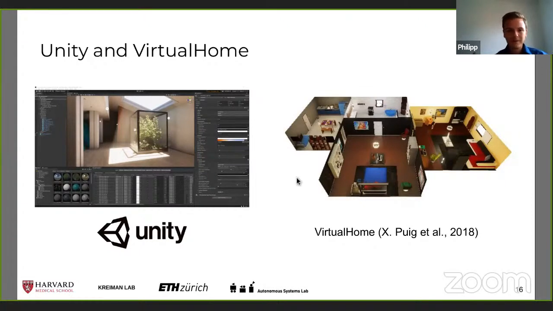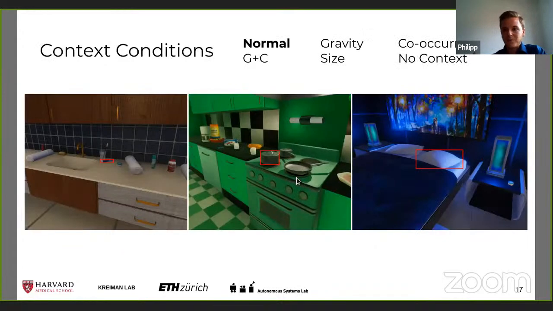Okay, so let us now look at some of the images that we generated. We have grouped the images in our data set into 6 conditions. The first one of those is the normal context condition. Here we are reusing Virtual Home's default setting.